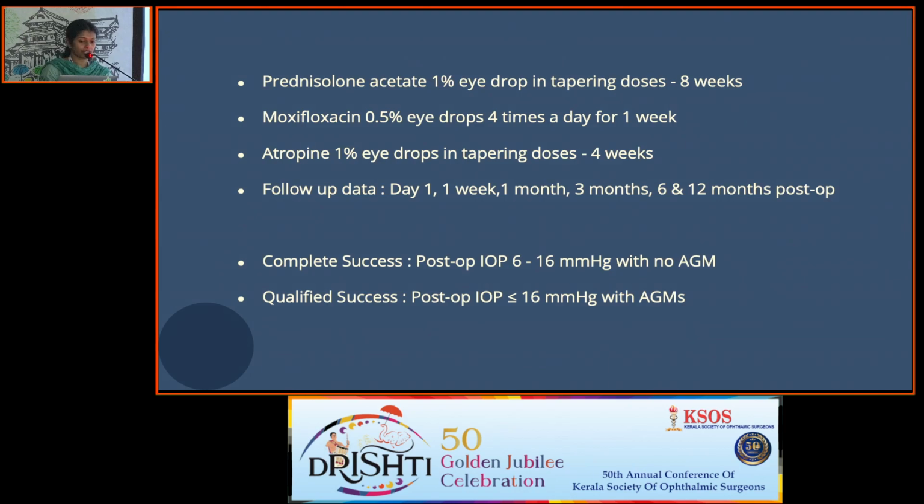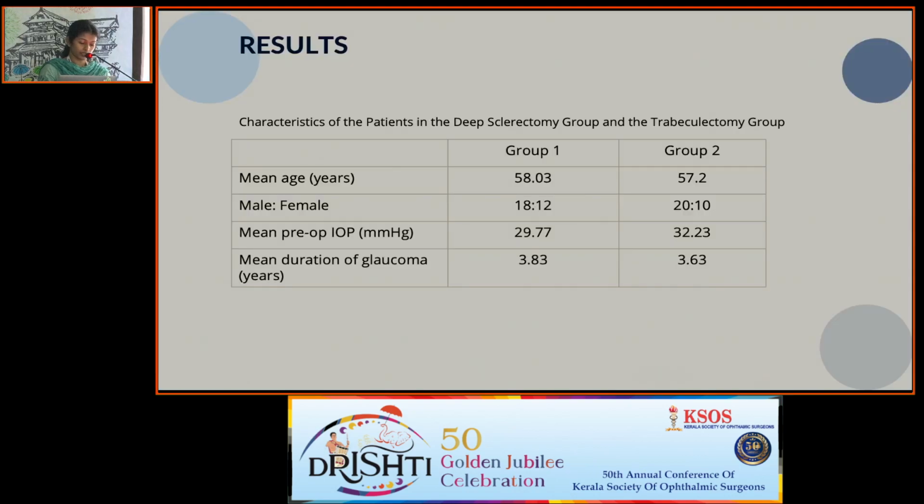Complete success was defined as postoperative IOP between 6 to 16 mm of mercury with no anti-glaucoma medications, and qualified success was defined as postoperative intraocular pressure less than or equal to 16 with anti-glaucoma medications. These are the characteristics of the patients in the deep sclerectomy group and the trab group.